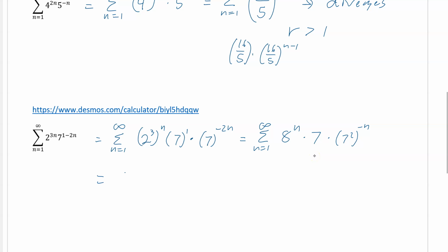All right, so this is the sum from n equals 1 to infinity. And we have a 7 I'm going to put in front, times 8 to the n. And then now we have 49 to the negative n. So we have 8n, 7, and 49 to the negative n. So this goes to the bottom, and that stays there.